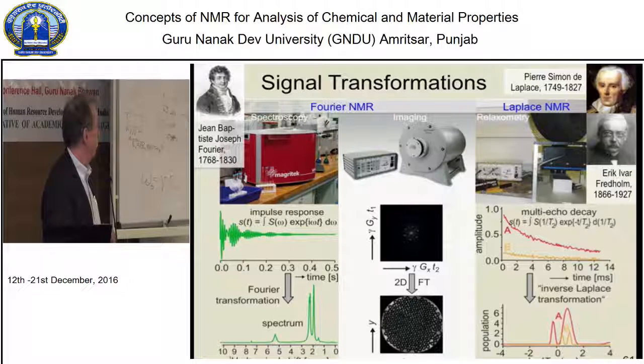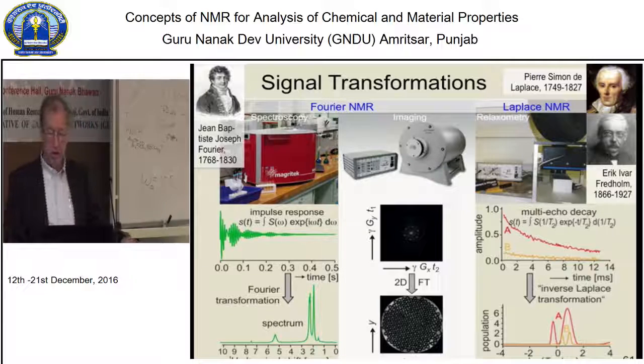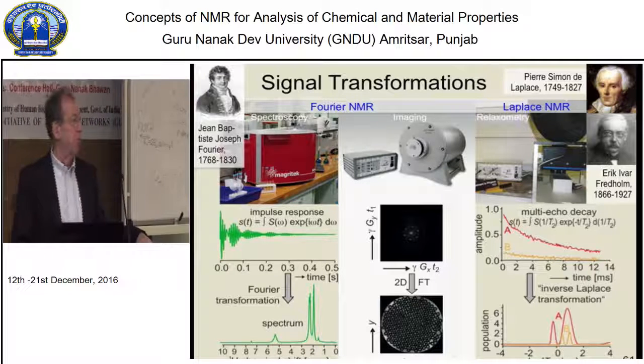And it only has to do with the fact that the Laplace transformation would require 1 over T2 to be a complex number, but it definitely is not. It's a real number. So there's a slight misnomer. It looks like an inverse Laplace transformation, but formally it's not, and this is why I also put the photo here of Mr. Fredholm. But Laplace is a contemporary of Fourier, both French mathematicians. They didn't like each other very much, but they addressed similar problems.